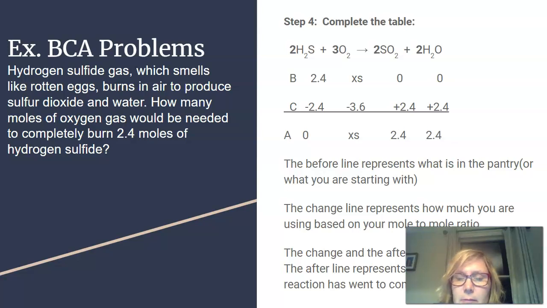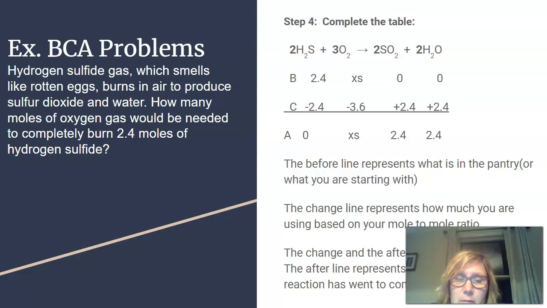So it's just some simple addition and subtraction in the after line. The after line, again, gives you the idea of what was used up in the reaction and what was actually made in the reaction.